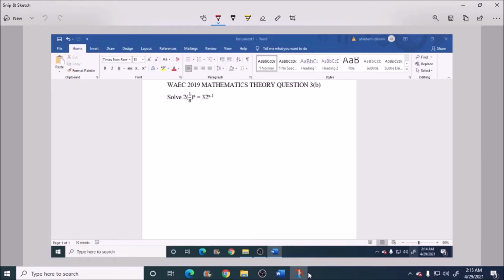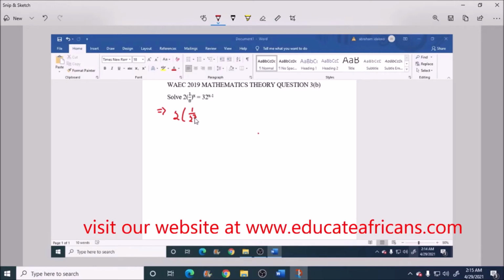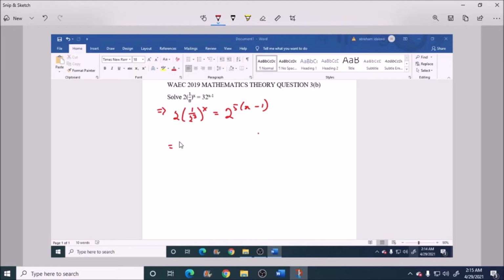Now this is 2 into (1/2 raised to power 3) raised to power x is equal to 2 raised to power 5 into x minus 1. Okay, now this is the same thing as saying 2 into 2 raised to power minus 3, then bracket raised to x, equals 2 to the power 5 into x minus 1.